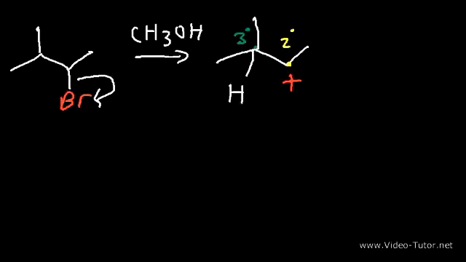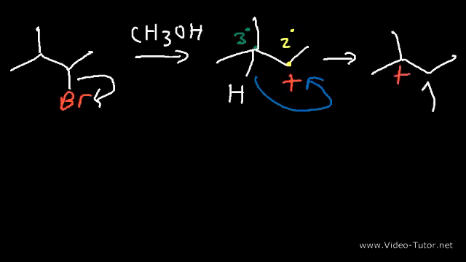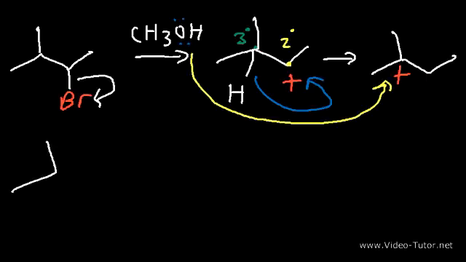So there's going to be a rearrangement, a hydride shift. That plus charge wants to be on the tertiary carbon and not on the secondary one. So this hydride is going to glide towards the plus charge, and basically, they're going to trade places. And so now, the plus charge is on the tertiary carbon, and the hydrogen is now on the secondary one. But we don't need to show the hydrogen. At this point, methanol, which has a partial negative charge on the oxygen, is attracted to the carbocation, and so it's going to attack the carbon with the plus charge.